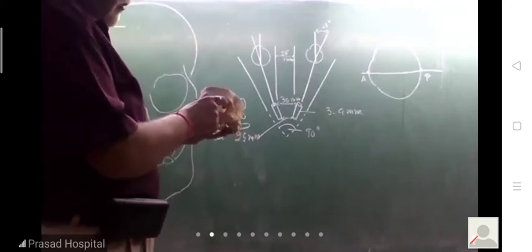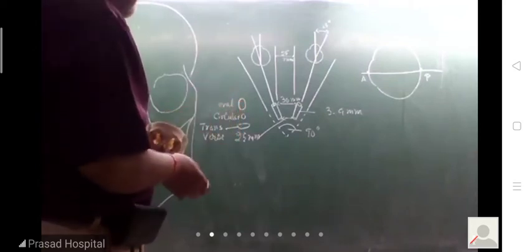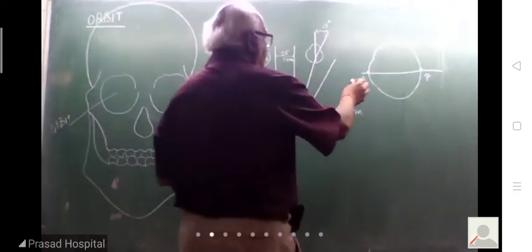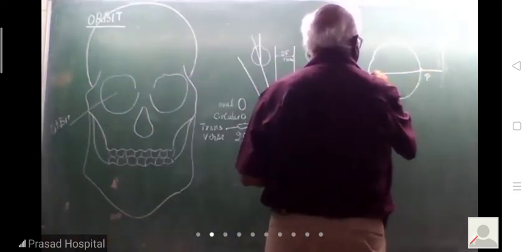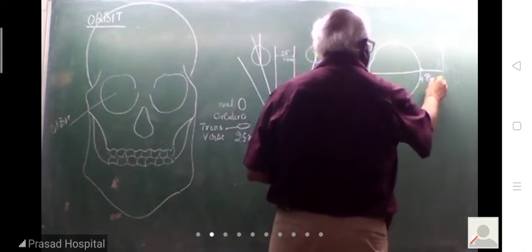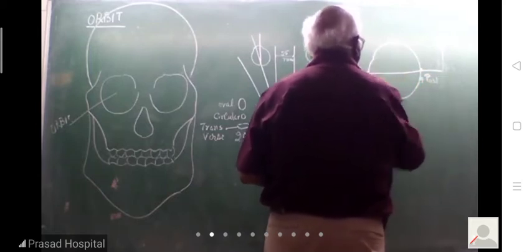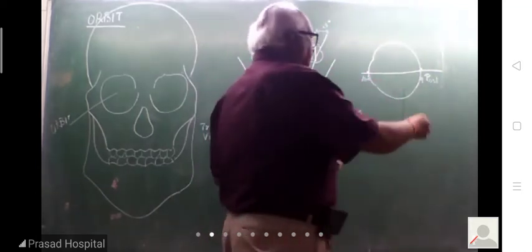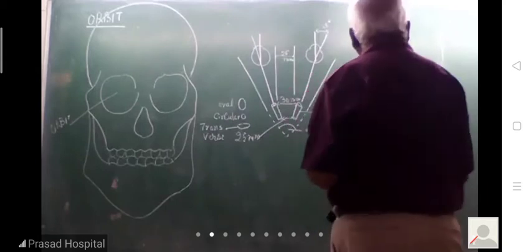Each orbit contains a very important structure, that is the eyeball. If you look, there are two poles of the eyeball, an anterior pole and a posterior pole: the extreme convex portion of the anterior pole, and the posterior extreme portion of the posterior pole.